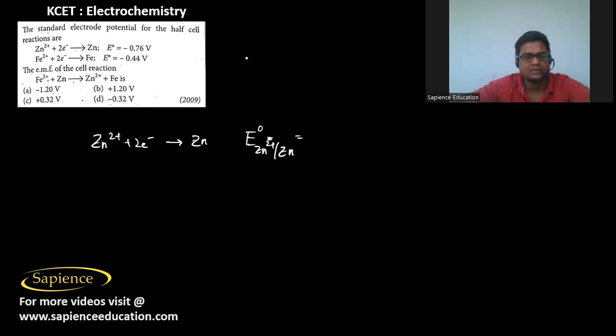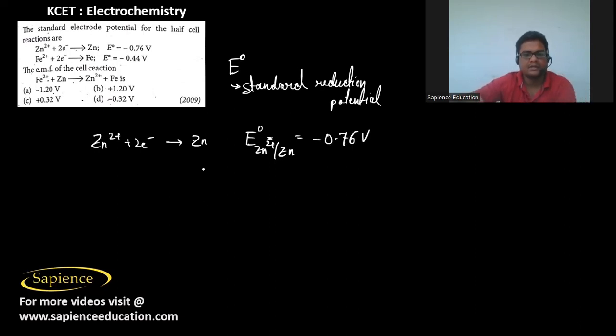Here they have told the standard reduction potentials; E naught means standard reduction potential. The standard reduction potential for Zn2+ to Zn is minus 0.76 volts, and E naught for Fe2+ to Fe is given as minus 0.44 volts.